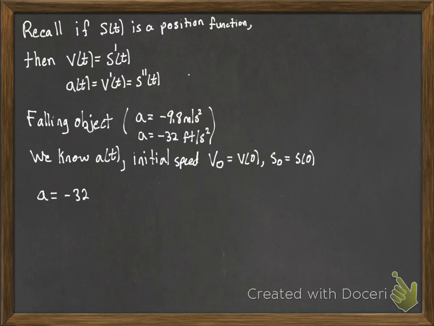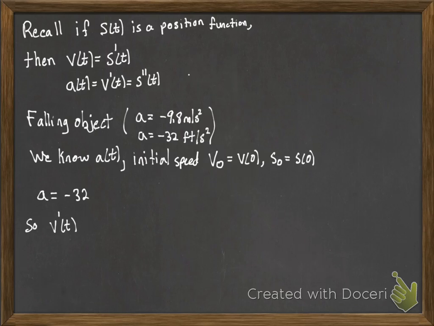So I'm going to do this in terms of English units just because the numbers are a little bit nicer, that's all. Acceleration is negative 32. Now I could say let's solve a second degree differential equation, but I'm going to do it in two steps. I know the acceleration is the derivative of velocity. So velocity is an antiderivative of acceleration.